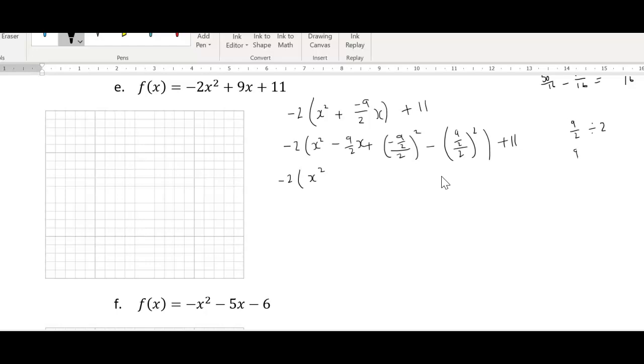So remember, we keep the first fraction, we change our division to a multiply, and then we flip. So that's going to become 9 on 4. So what I might just do, just to tidy it up a little bit, because there's a lot going on, is just change that negative 9 on 2 over 2 to just 9 on 4.